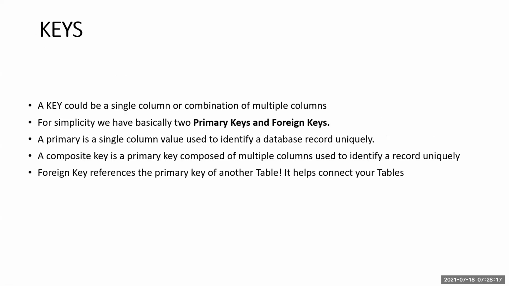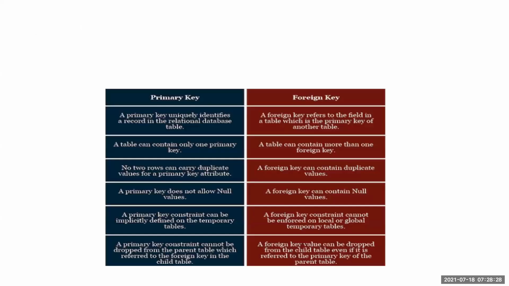Then we look at the keys: a primary and foreign key. And we understand why they are important, right? Because every table must have a way of uniquely identifying it, which we refer to as the primary key. But for you to be able to link that table with another table, you need another key there, which now becomes a foreign key.